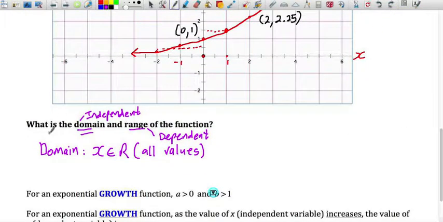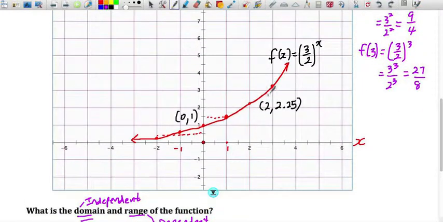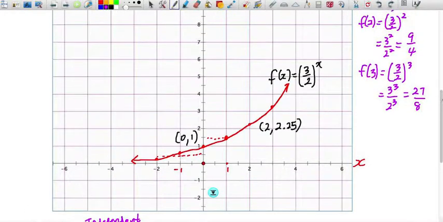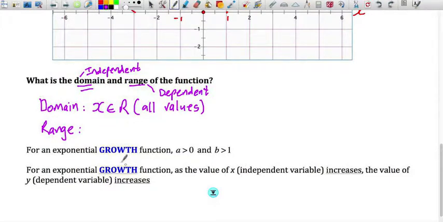Similarly, we're going to write down the range. The range is the set of y values represented by the graph, and as you can see, the graph goes up, it's increasing, and as x grows, the y value is going to continue to increase. This is an example of a growth function.